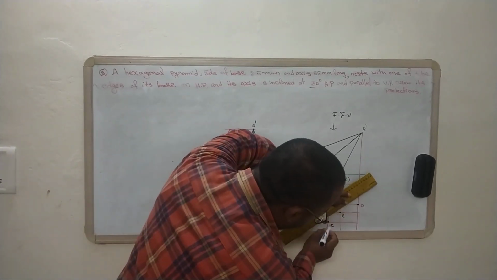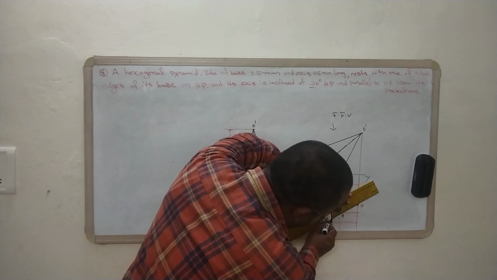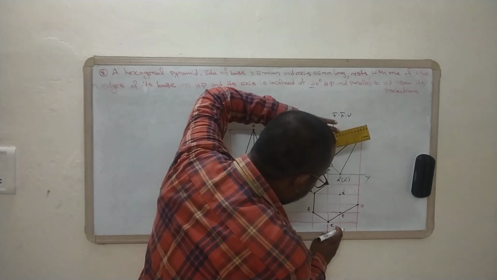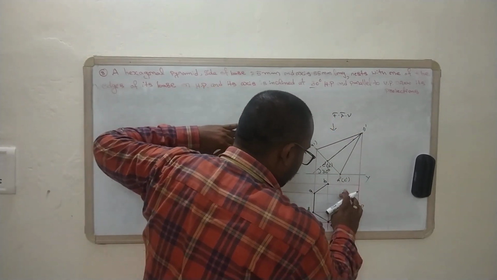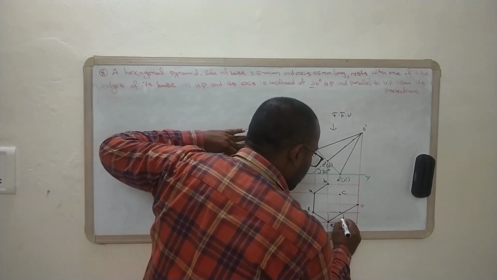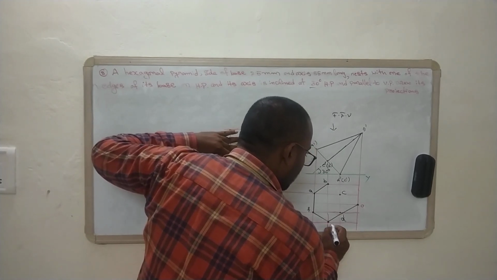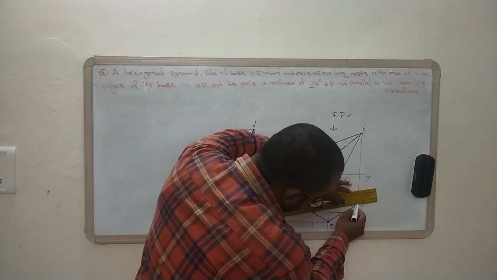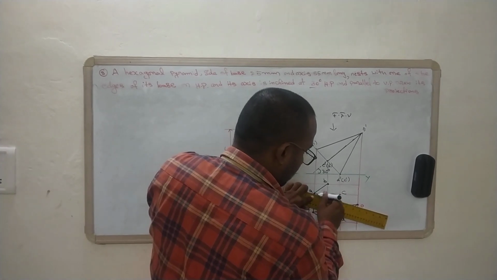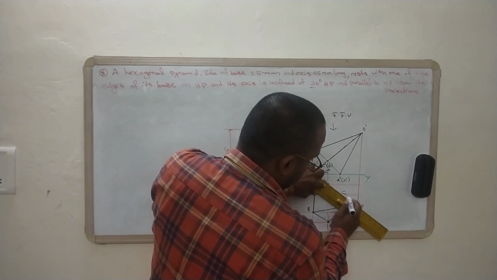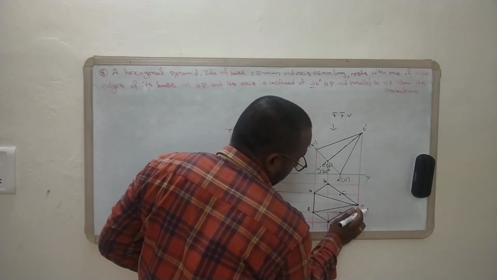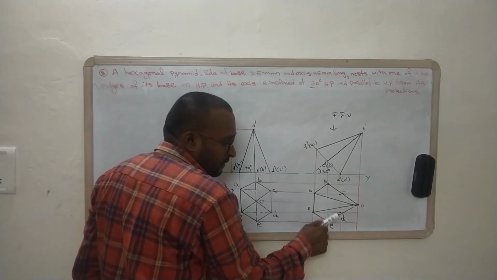Now we need to combine all of them. That is OC, here it is C, D, E. Right? 1, 2, 3 surfaces are going to be visible.